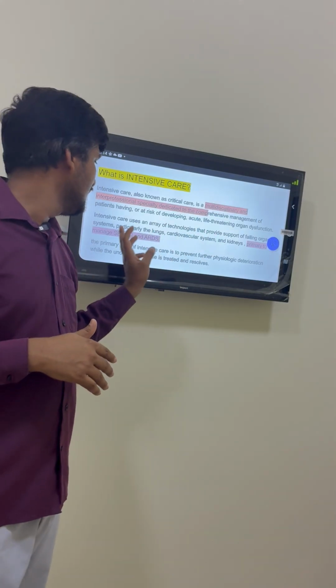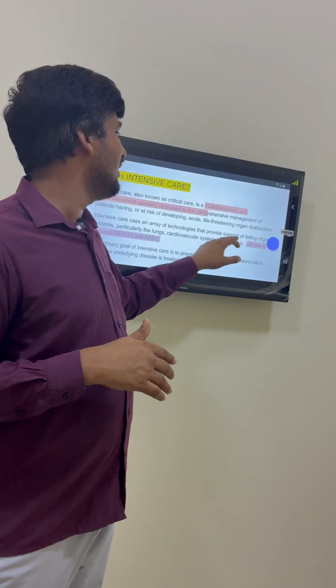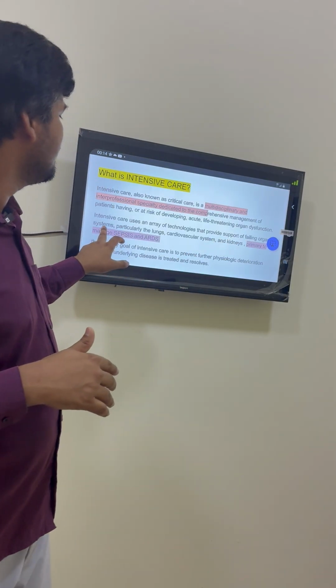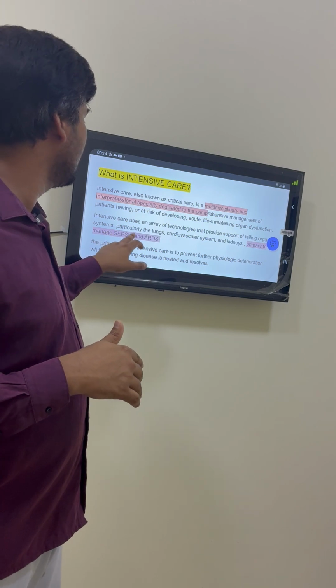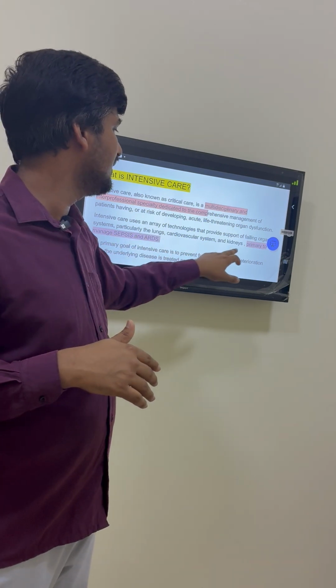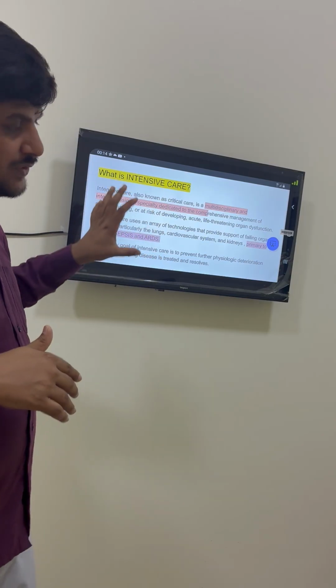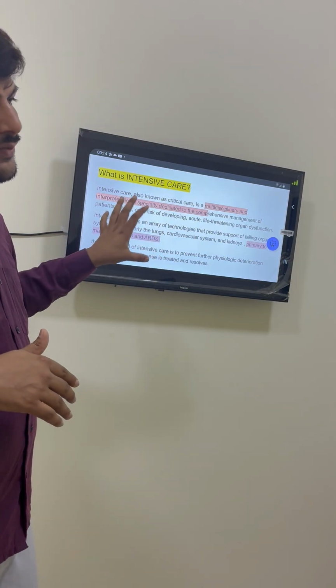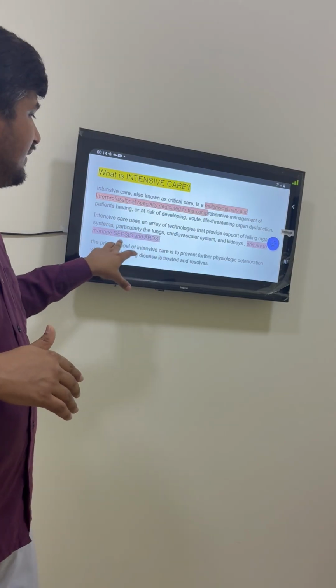Then, intensive care uses an array of technologies that provide support for failing organ systems, particularly the lungs, cardiovascular system and kidneys, primarily to manage sepsis and ARDS. ICU is indicated to manage sepsis and ARDS.